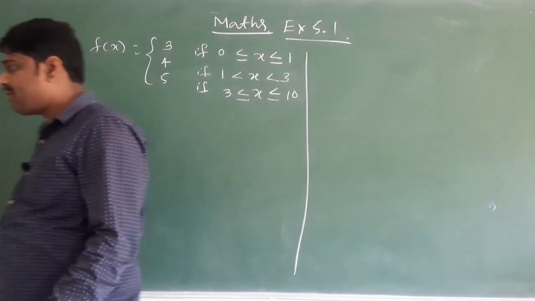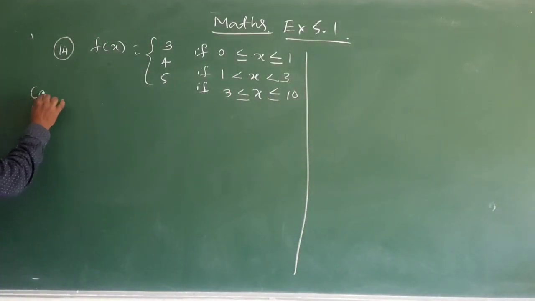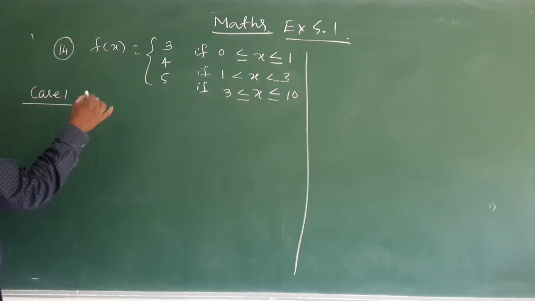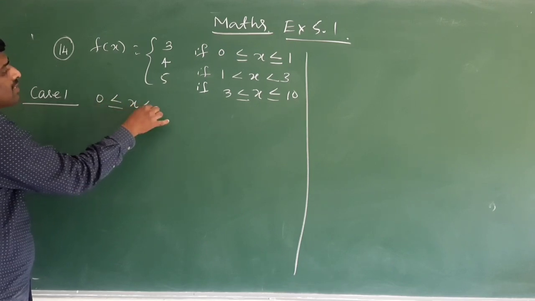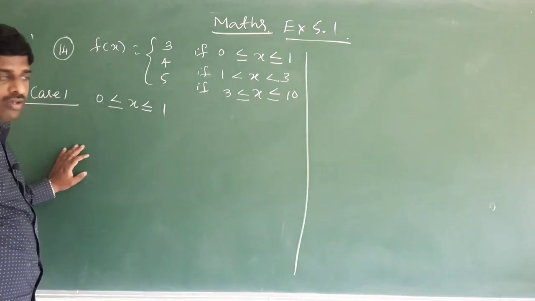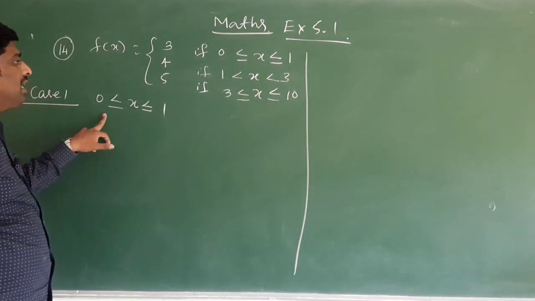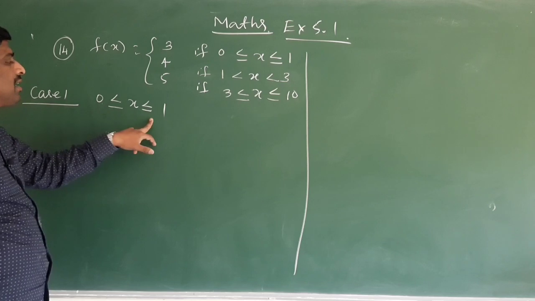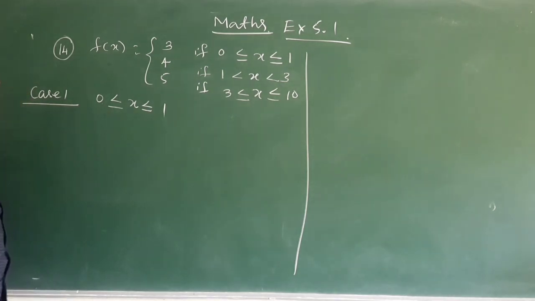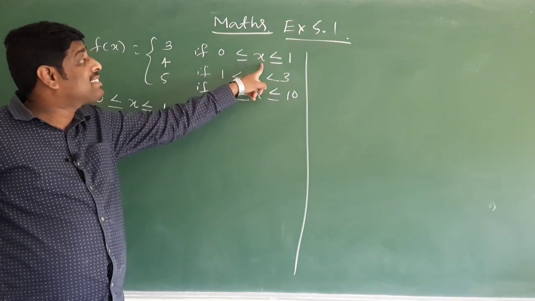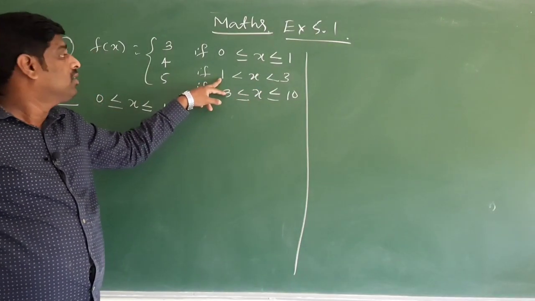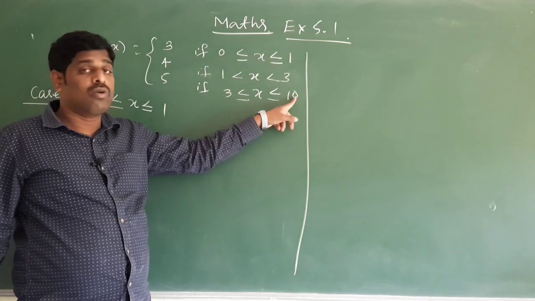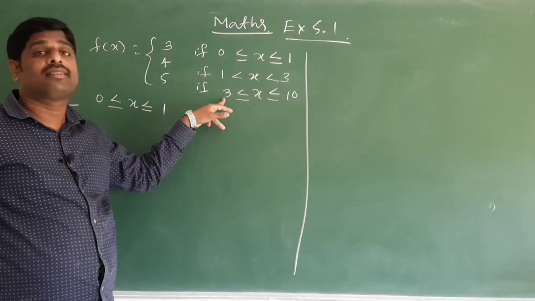Case number 1: 0 less than or equal to x less than or equal to 1. You have to check whether the function is continuous or discontinuous. Here x less than 1 is there, but here x greater than 1, and here x less than or equal to 10, here x greater than 3.